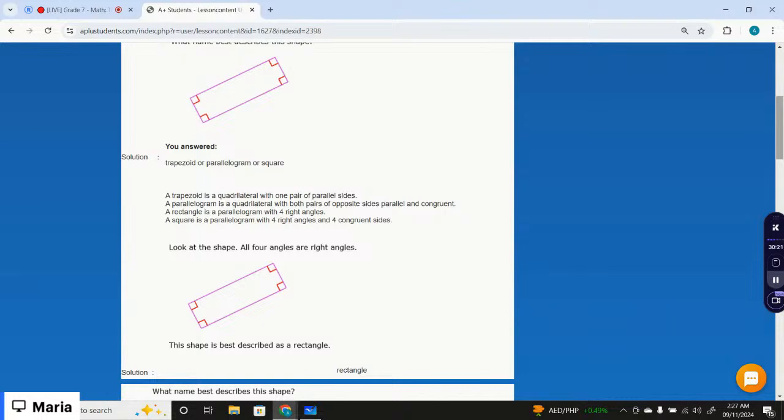A parallelogram is a quadrilateral with both pairs of opposite sides parallel and congruent. A rectangle is a parallelogram with four right angles. A square is a parallelogram with four right angles and four congruent sides. So the given shape is a rectangle with four right angles. Got it? Okay, let's just start with the test questions.